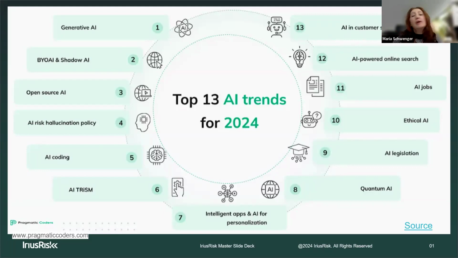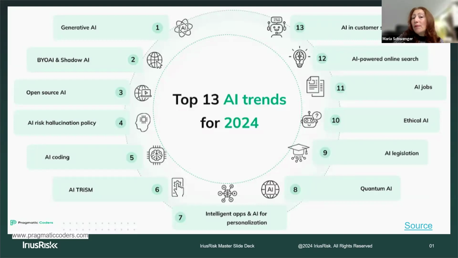Huge consideration about bring your own AI and shadow AI. We have a problem with shadow IT all the time, and this is something similar. One thing that I felt is a little bit interesting about shadow AI: this is all the unapproved usages in our company.